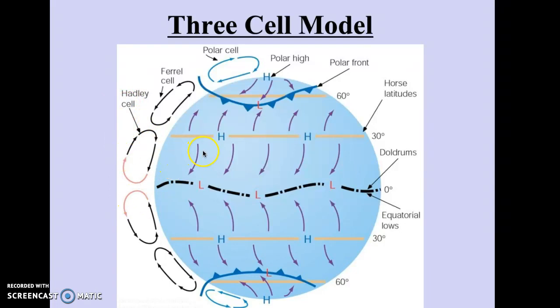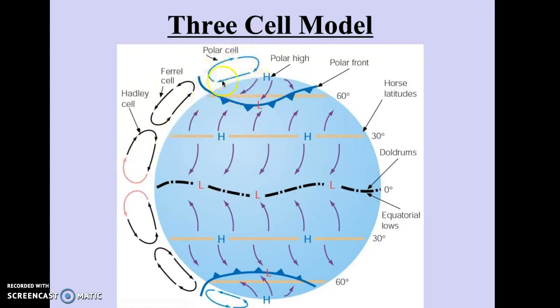Part of the reason it only makes it to 30 degrees north, the main reason, is because of that addition of rotation. The Coriolis force sort of puts an upper bound on how far this air can move before it starts turning entirely parallel to the direction the planet is moving.